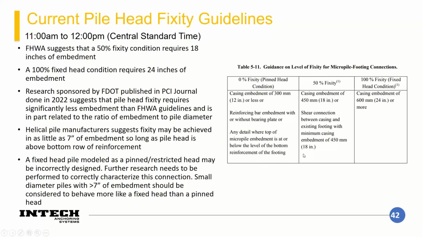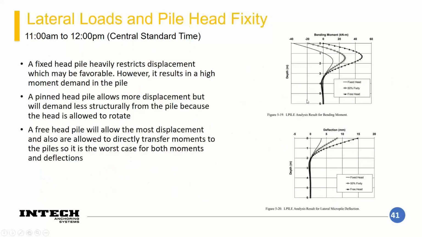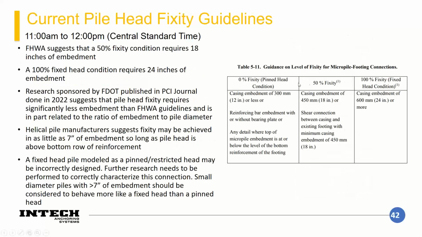If you mischaracterize your fixity condition, looking back on these charts, you may mischaracterize your displacement and bending moments as well. So I wouldn't necessarily take the FHWA guidelines on fixed head at face value, and I'd reach out to either us or the pile manufacturers to provide guidance for their specific pile types and how they make their connections.